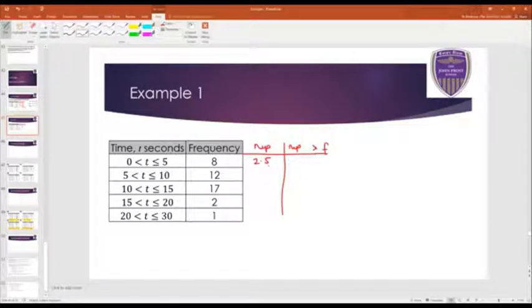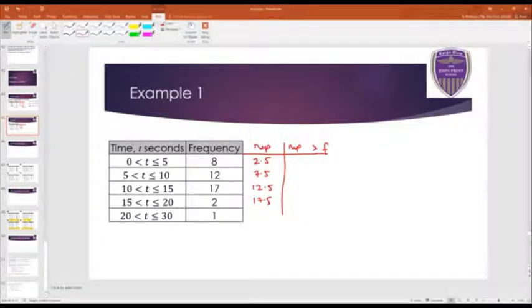And it's fine to have a decimal midpoint because we're talking about continuous data. The next group, between 5 and 10, has a midpoint of 7.5. For 10 to 15, the midpoint should be 12.5, and again, add them up and divide by 2 if you're unsure. You should get 17.5 for the next group.